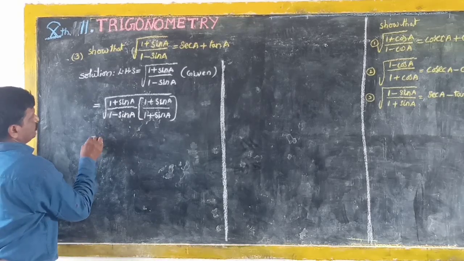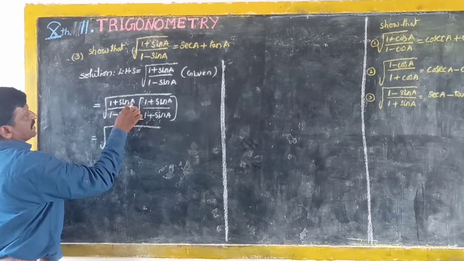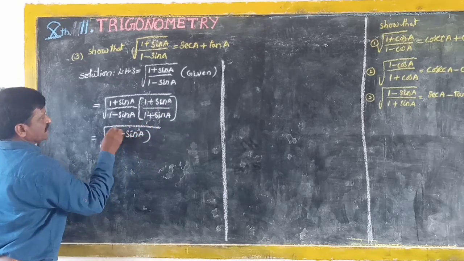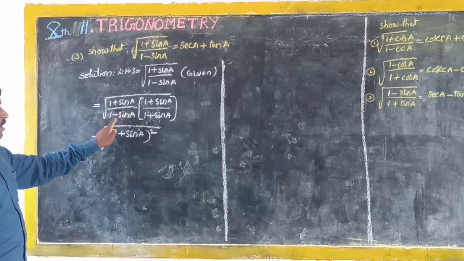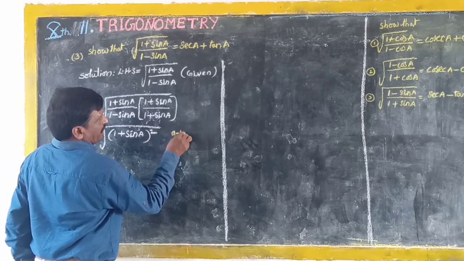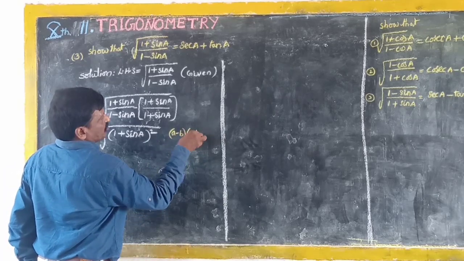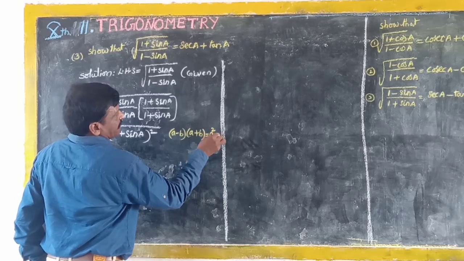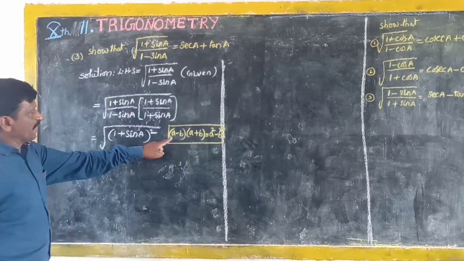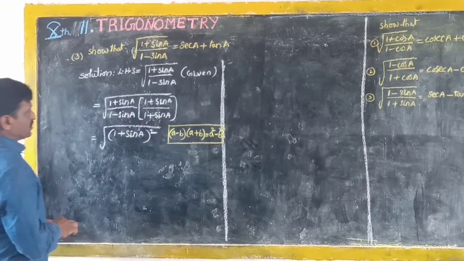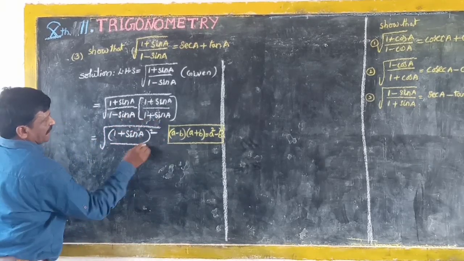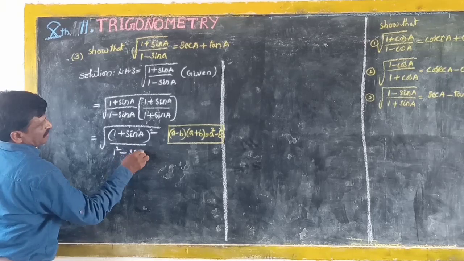So in the numerator, 1 plus sin a into 1 plus sin a gives (1 plus sin a) whole square. In the denominator, (1 minus sin a) into (1 plus sin a): a minus b into a plus b is equal to a square minus b square, so 1 square minus sin square a.